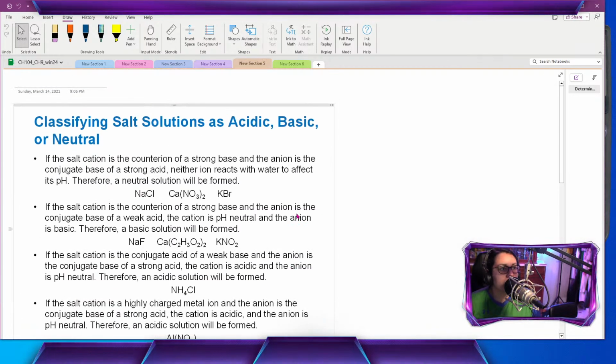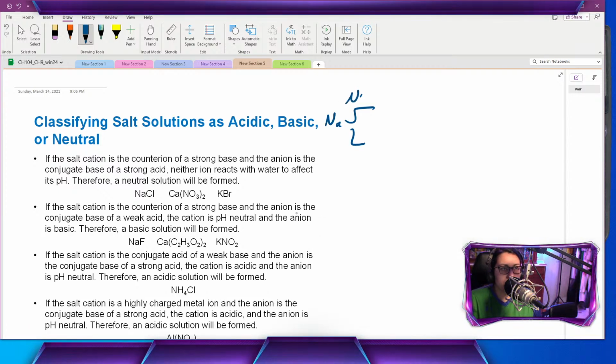Well, let's go back to these classifying salts because this is kind of important. And so let's start with the first statement. So it says if the salt cation is a counter ion of a strong base, and let's start doing the analysis, like I like to call it. So sodium comes from sodium hydroxide.